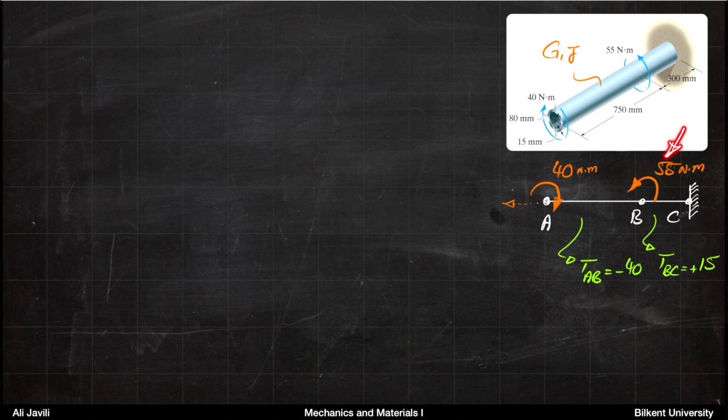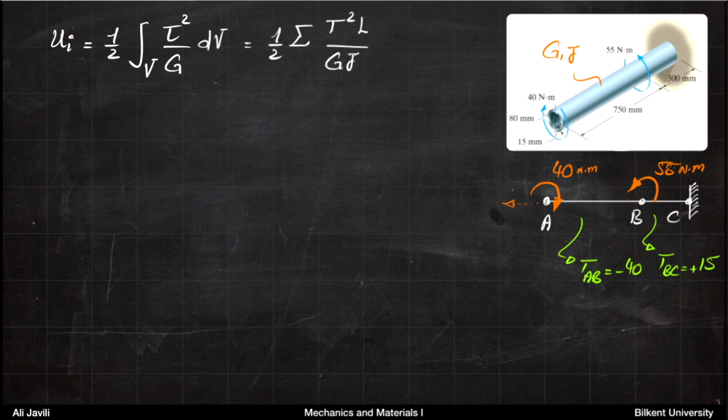And what you have here is in the opposite direction, so it's plus 55. You can see by the directions shown here. So between A and B, the internal torque would be minus 40, and between B and C, the internal torque would be plus 15.